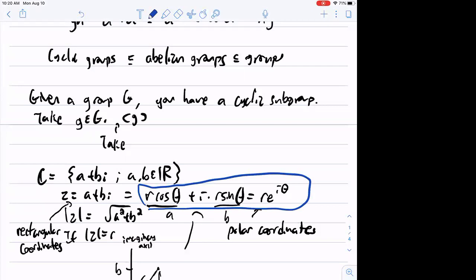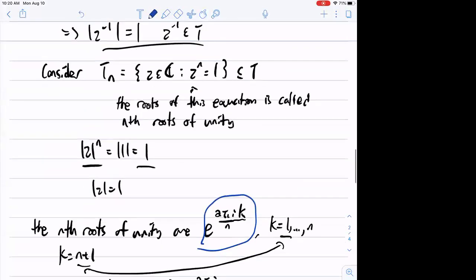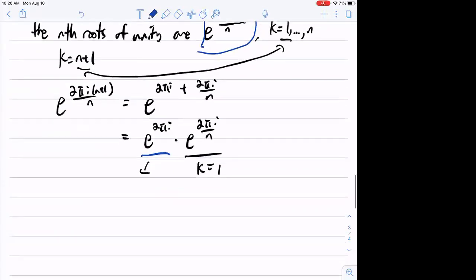So e to the i theta is cosine theta plus i sine theta. So this is cosine of 2 pi plus i sine of 2 pi. Sine of 2 pi is 0, and cosine of 2 pi is 1. So you see, these are all of it.